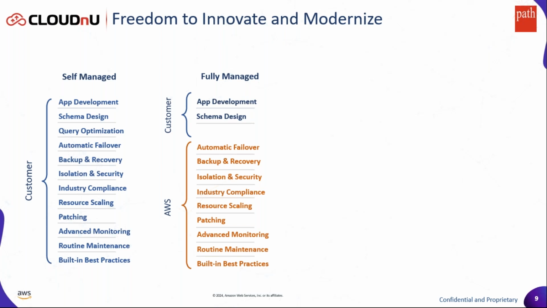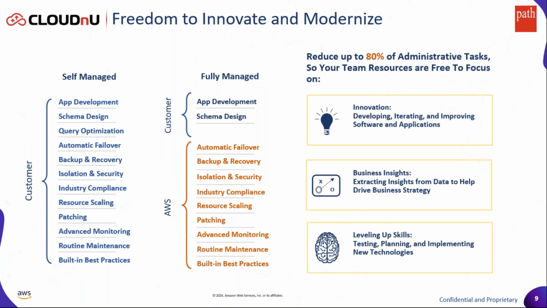And what we've seen is that a simple step of moving to a managed service can reduce some of these activities by almost 80%, which means your team folks can focus more on building new things, extracting more insights. Like all of the databases typically are serving business critical applications, which means data needs to be upfront in terms of the business side.